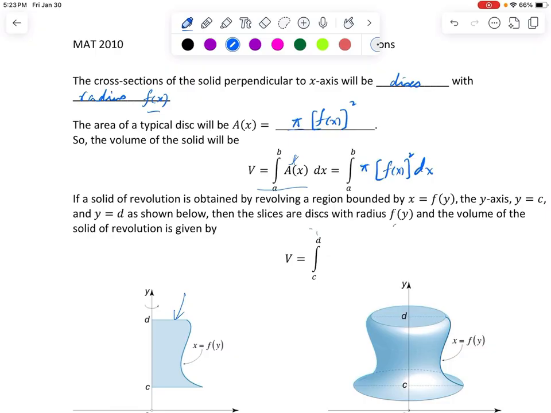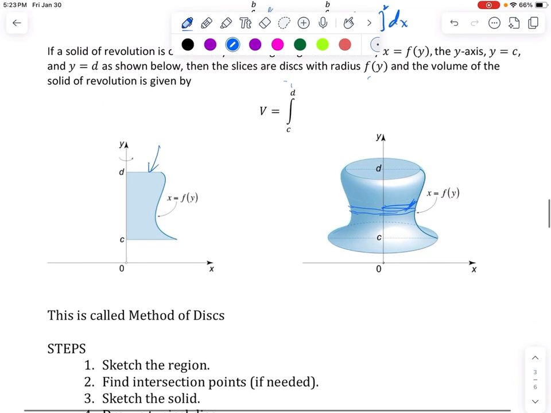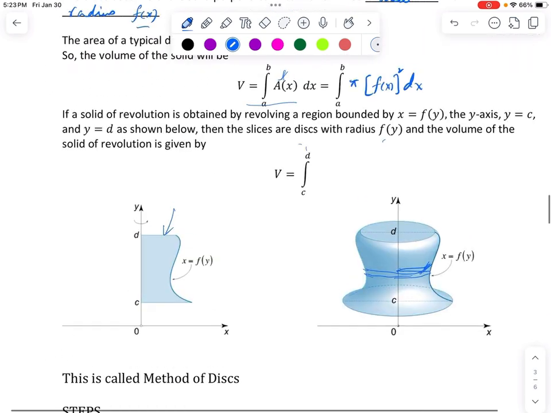Here is a slice, so the radius will be from the y-axis to the curve, which is f of y. So in this case, the volume will become the integral from c to d of pi f of y whole squared dy.